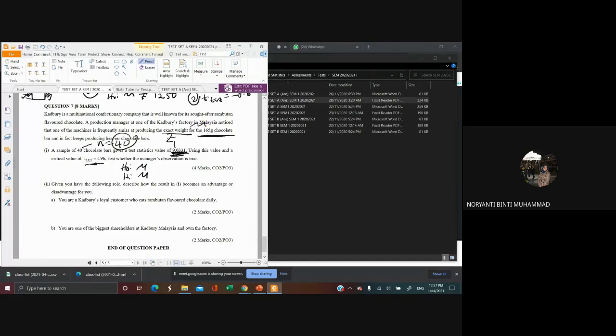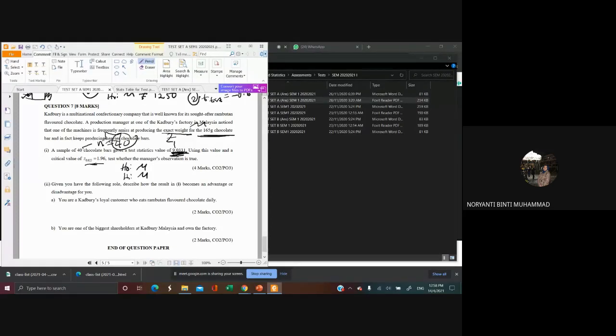So the question: the manager's observation, is it true or not? What is the manager's observation? The weight of the chocolate is more than 165, right? Heavier chocolate. You must understand this properly. The production manager noticed that one of the machines is frequently amiss at producing the exact weight of 165 gram chocolate bars. That is what the machine is supposed to do.